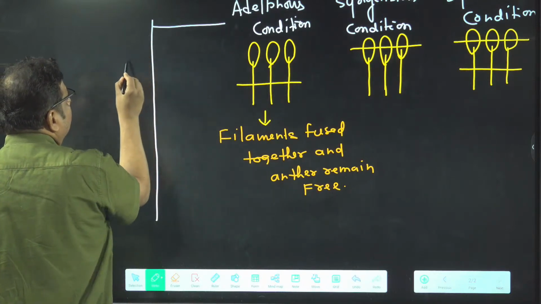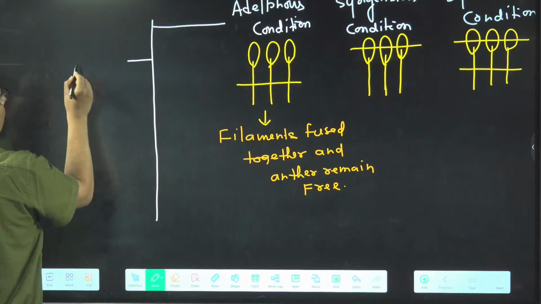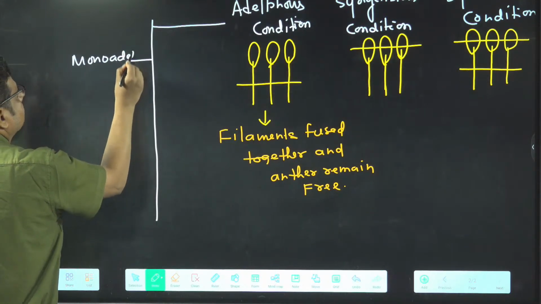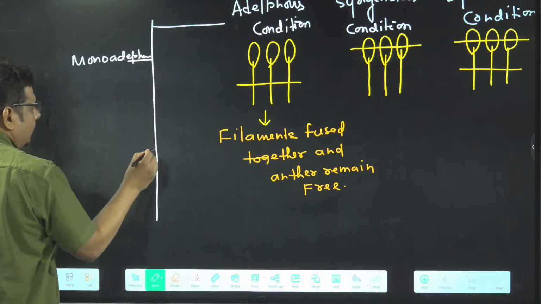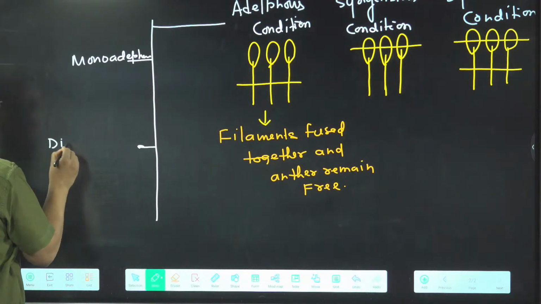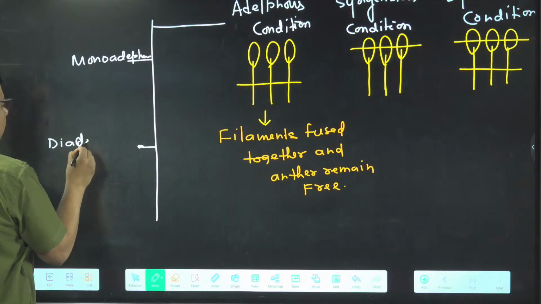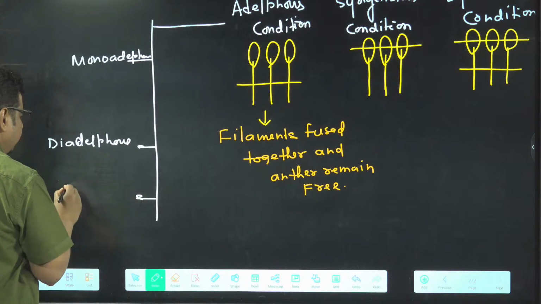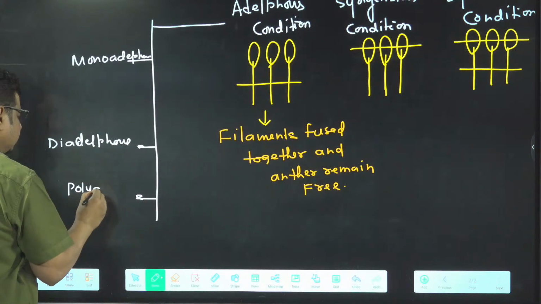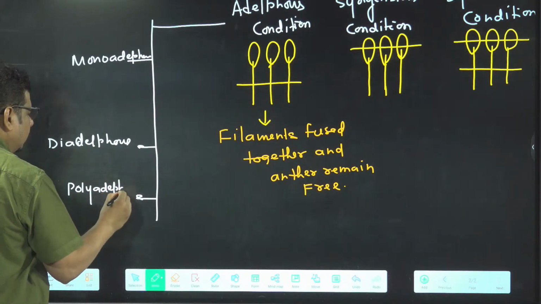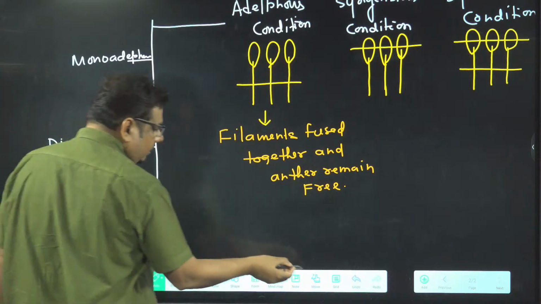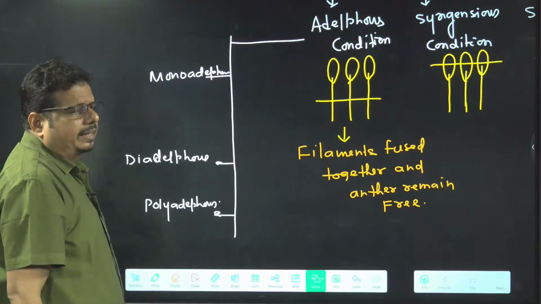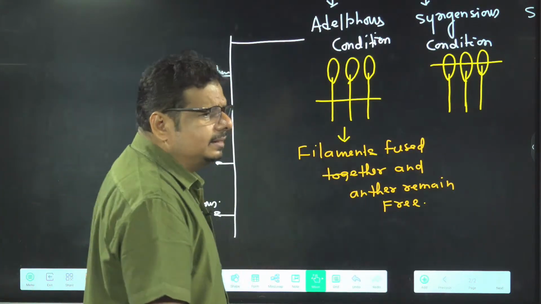Here I am writing monoadelphous, second diadelphous, and the third polyadelphous. And that is written in NCERT. Getting the idea? Synandrous and Syngenesious are not there, but the detailing of Adelphous is mentioned in NCERT.